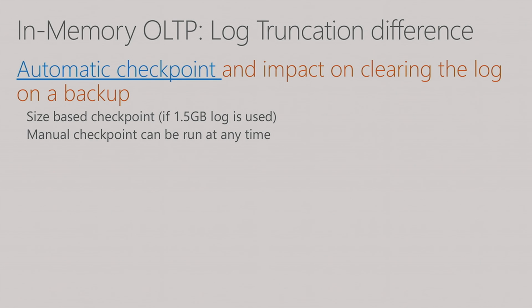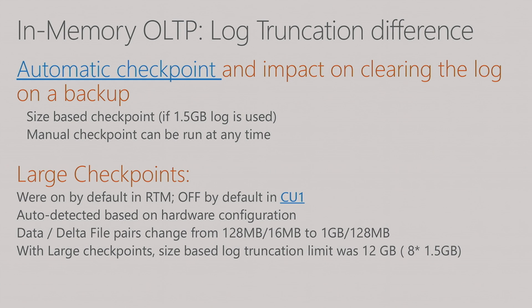So even if you back up the log, but you haven't hit this 1.5 gigs of log, you won't be able to truncate it. So there might be instances where you say, I've just backed up my log, but why has the log space not cleared? If you have memory optimized tables, just realize it's a size-based checkpoint, and 1.5 gigs has to be filled up before you can truncate it. So there's a slight difference here.